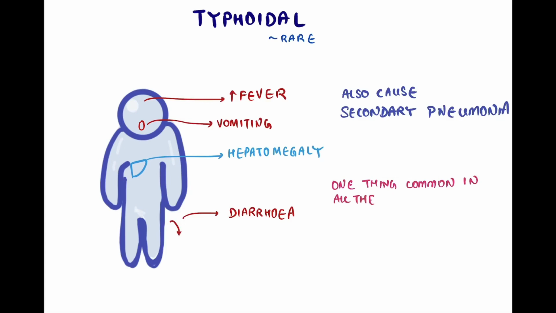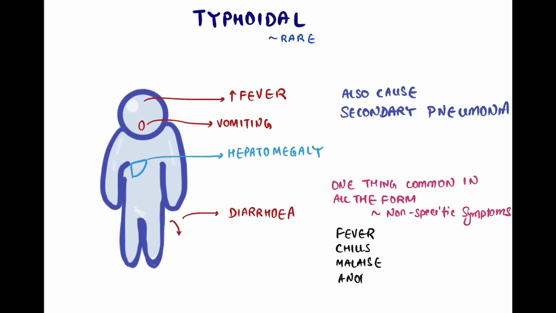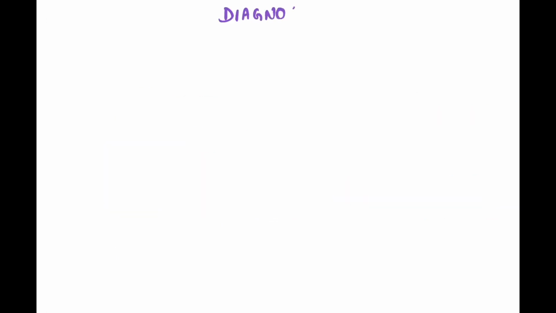Okay, so one thing common in all the six forms is that initially the patient presents with non-specific symptoms. What are those non-specific symptoms? These are fever along with chills, malaise, arthralgia, anorexia, and chest soreness. Okay, so the last thing is the diagnosis.